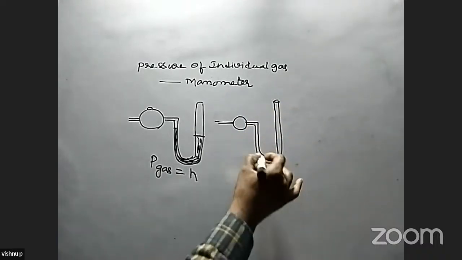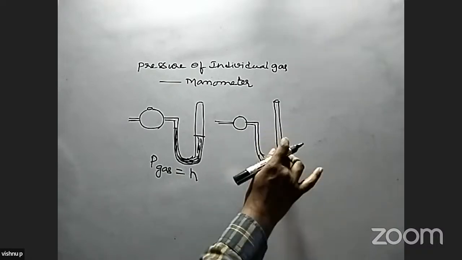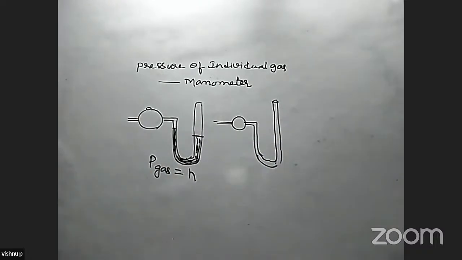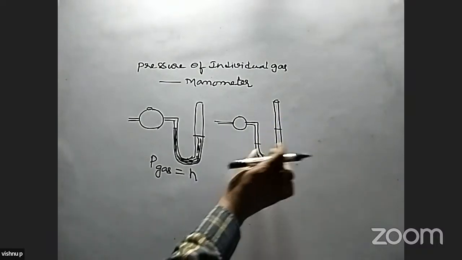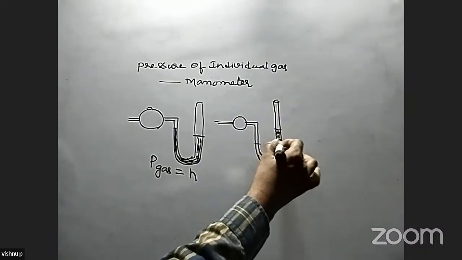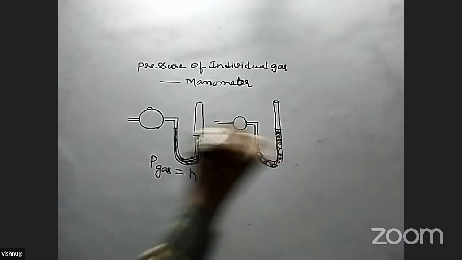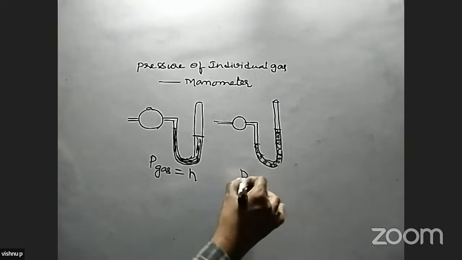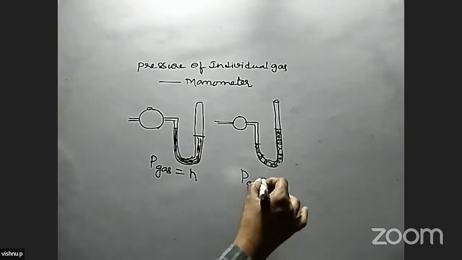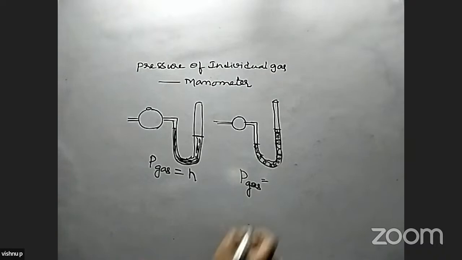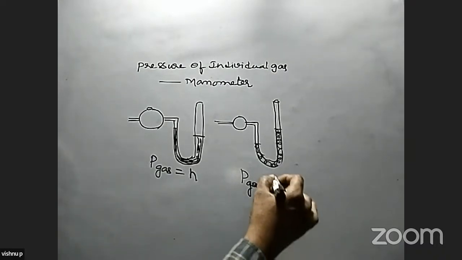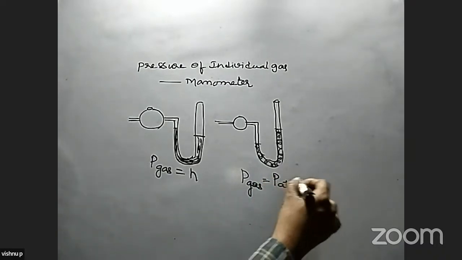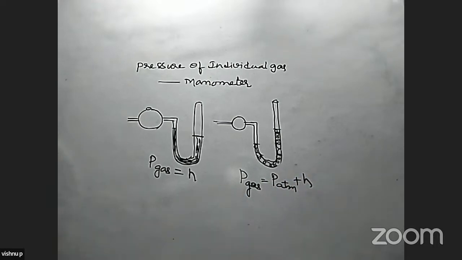Here there are two limbs, one shorter and one longer. The pressure of the gas is equal to atmospheric pressure plus the height of the mercury column.